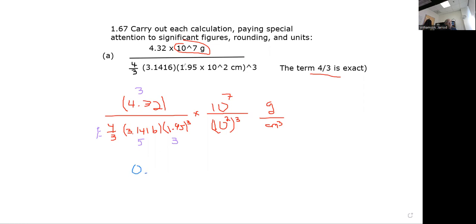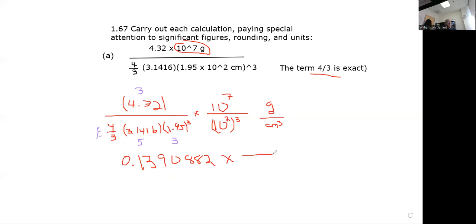Hold on here, I wanted that in red. I'm going to get 0.139, and then 0.82 times, I didn't do the sig figs on that yet.